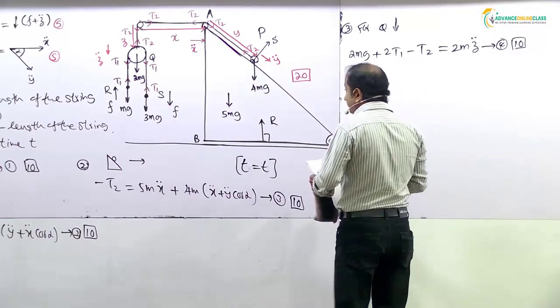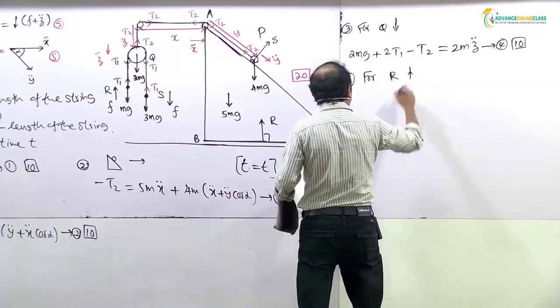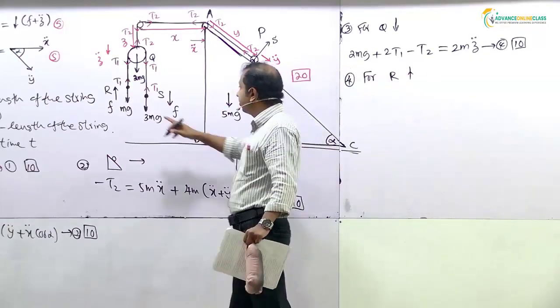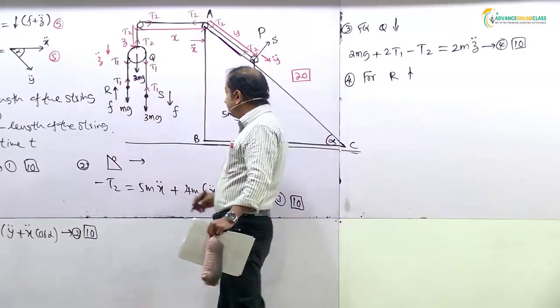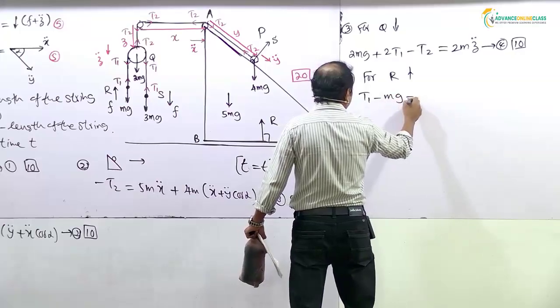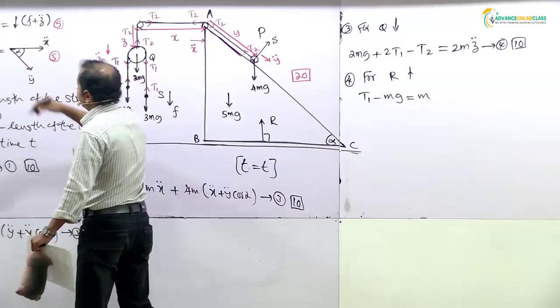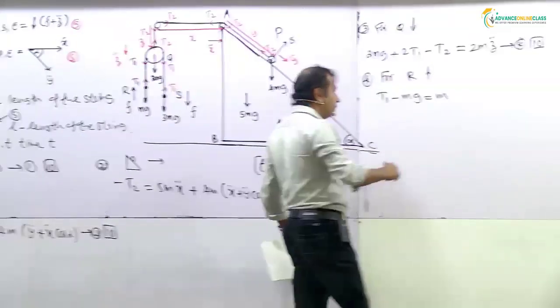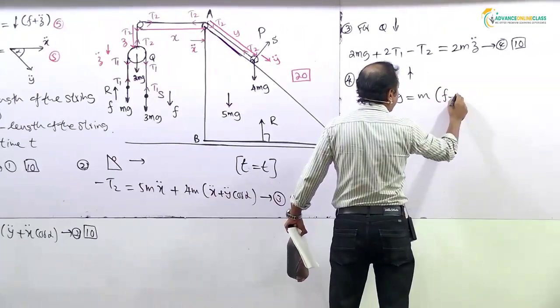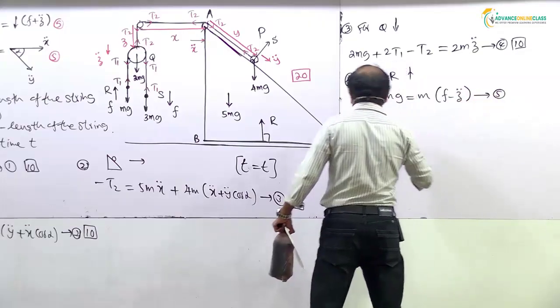For R, we can apply upwards. For the upward force, T1, downward mg, T1 minus mg is equal to m times the acceleration of R upwards, g minus z double dot. This is number 5.